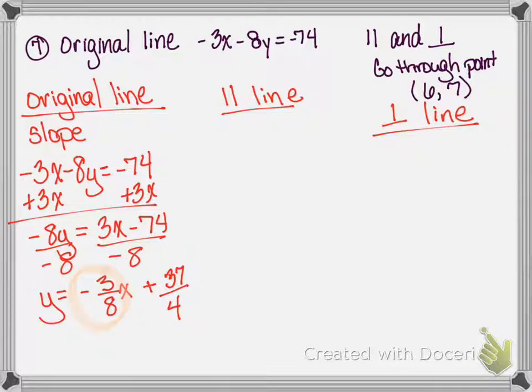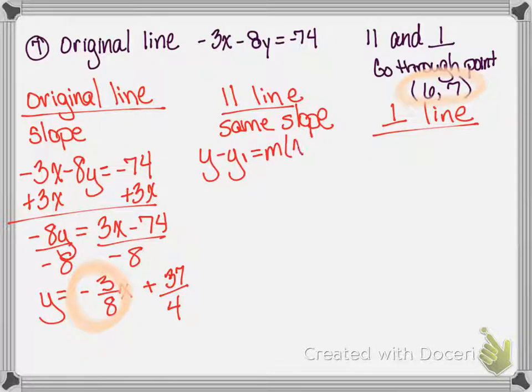Parallel lines have the same slope. So I am going to take my slope from my original line, and I am going to take this ordered pair. I use y minus y sub 1 equals m times x minus x sub 1, and I plug everything in. The slopes are the same, and then I'm using the point (6, 7).